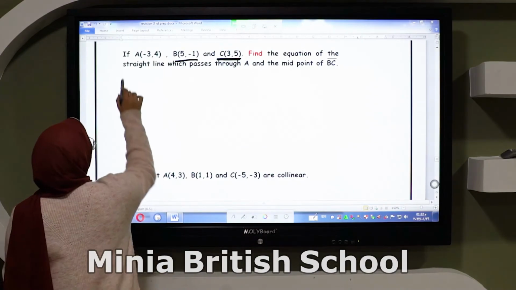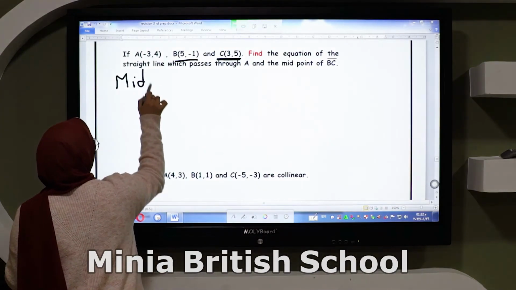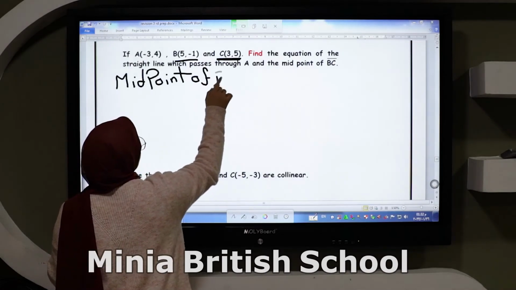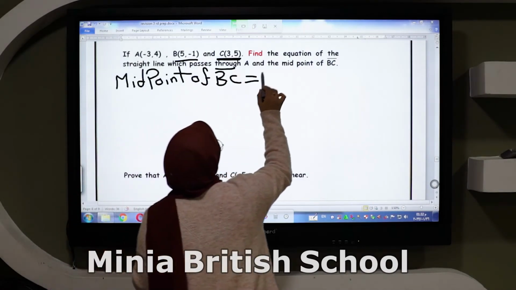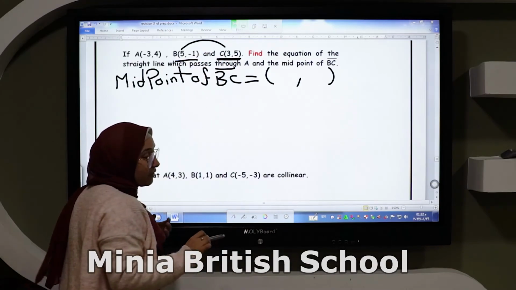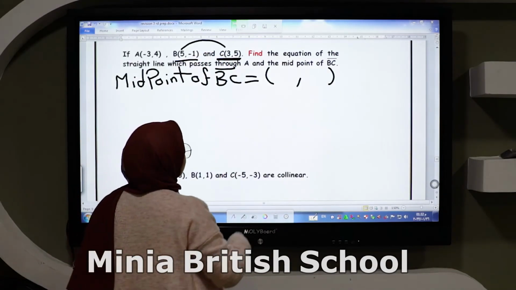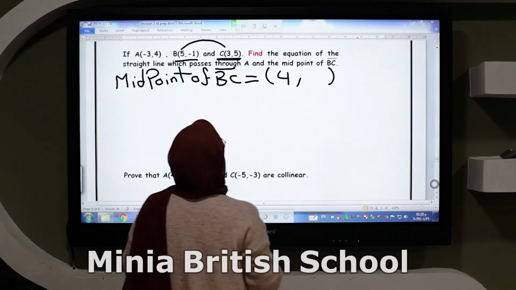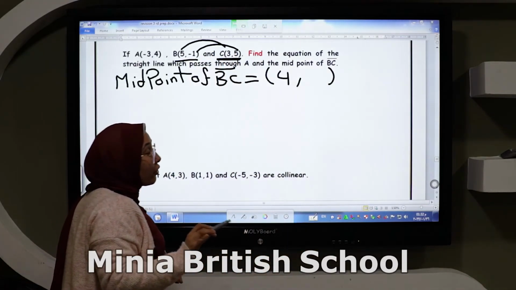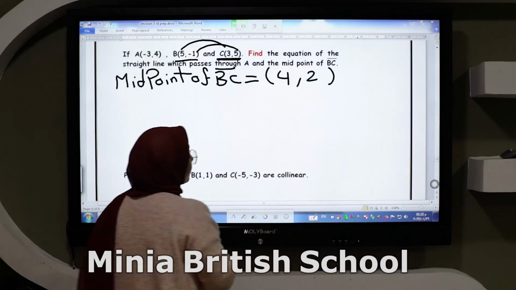The midpoint of C and B equals 3 plus 5 divided by 2 equals 4, and 5 plus negative 1, which is 4, divided by 2 equals 2.